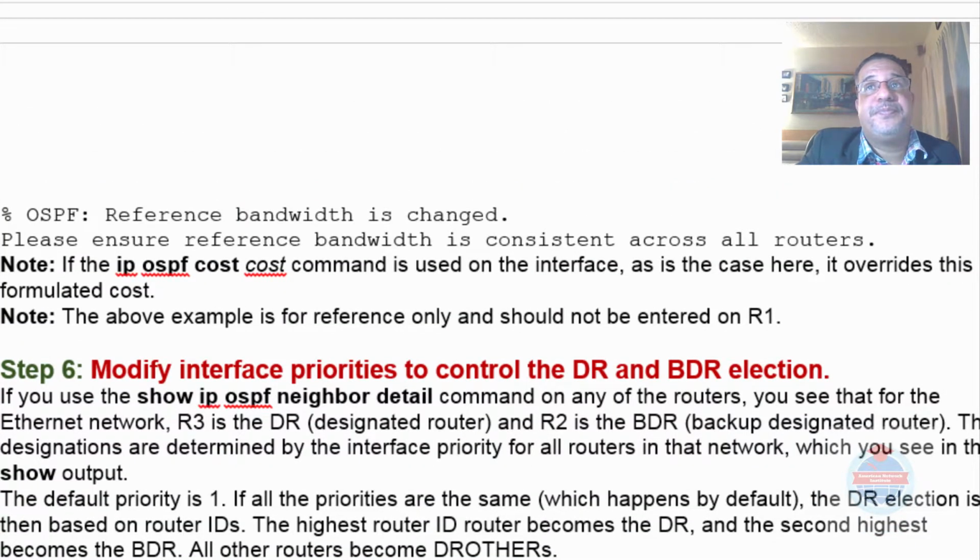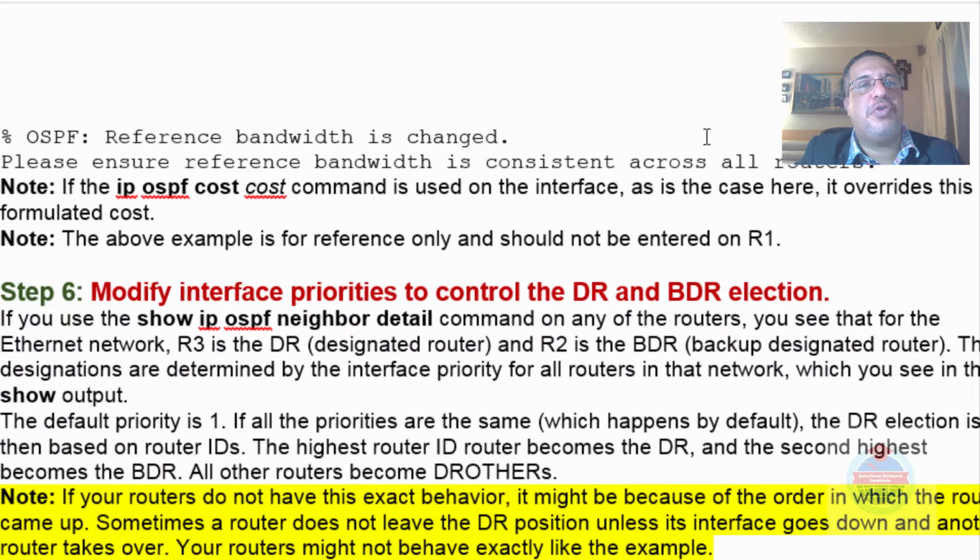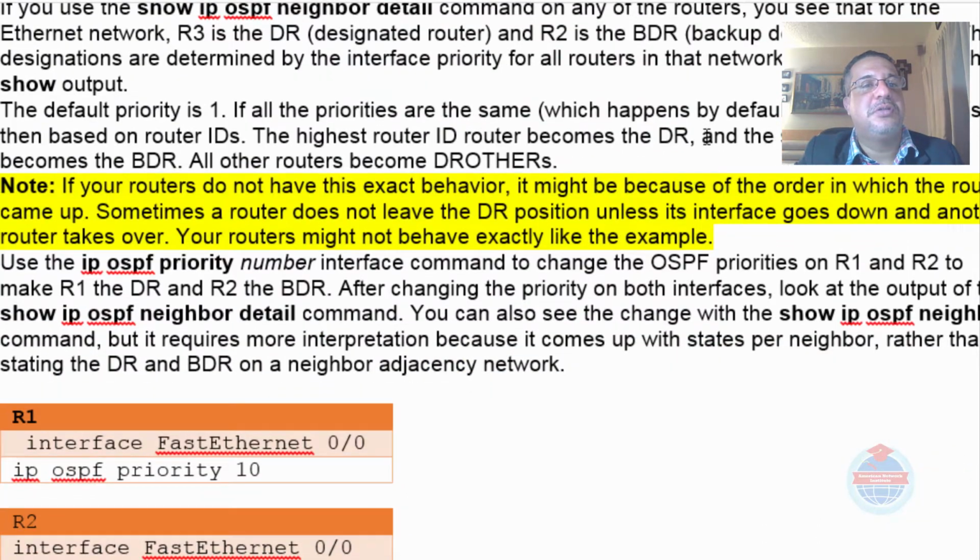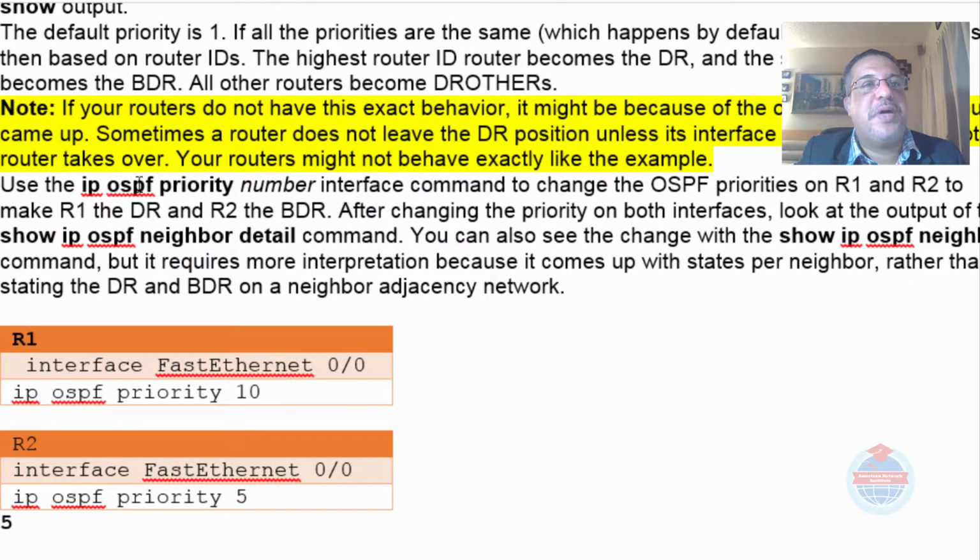So in step 6, we're gonna see how to modify the interface's priority to control the DR and the BDR selection. For that stuff, we're gonna be checking show IP OSPF neighbor detail, as we could see over here. So we're gonna be changing the priority over here, IP OSPF priority 10, and after that we're gonna see show IP OSPF neighbor detail.